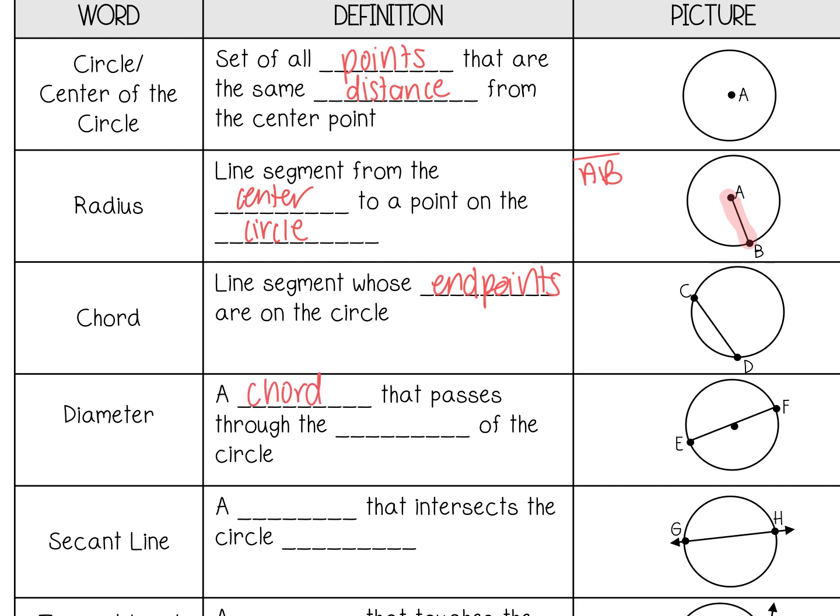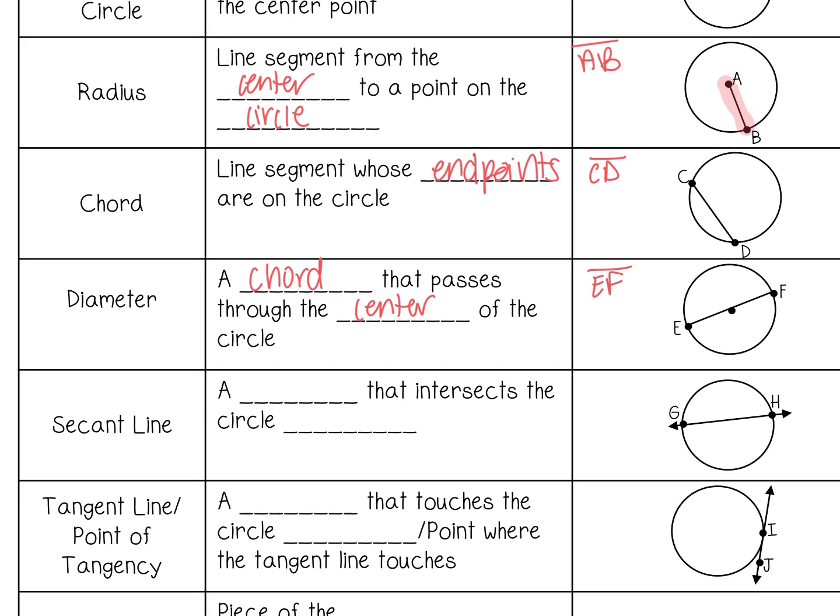Again, it goes from one end to the other, that passes through the center of the circle. So it goes all the way across. So this is EF, and this one was CD. All right, the difference between radius and diameter: again, radius goes halfway. Diameter goes all the way across.